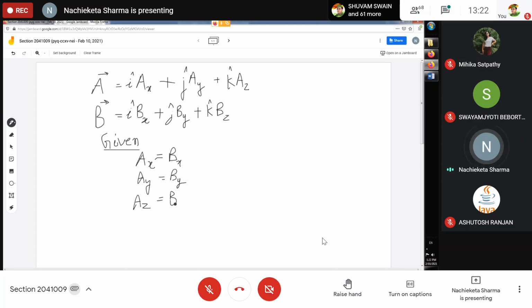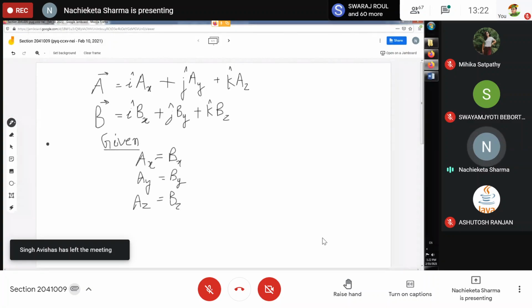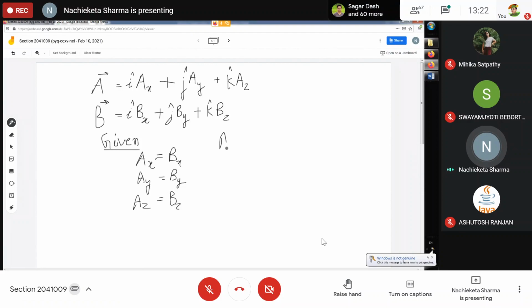This is given. And we have to show what is the relationship between the magnitude of A and B. So what is the formula of magnitude?